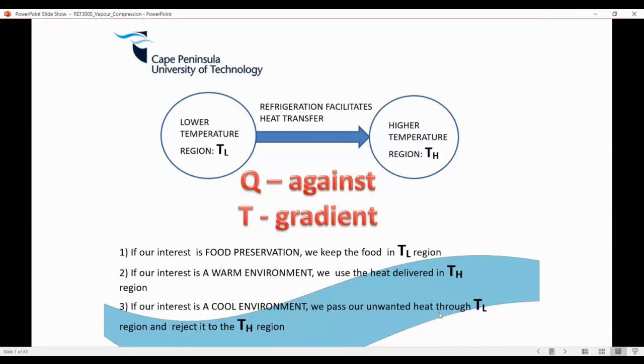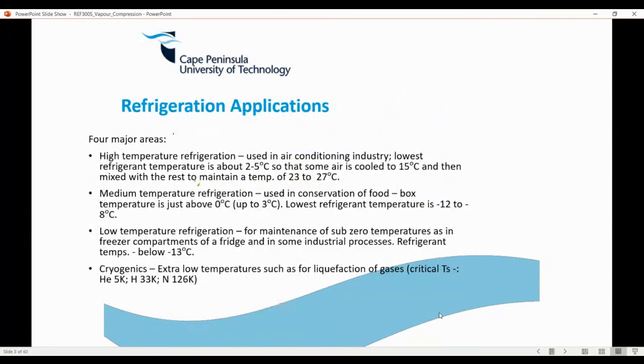This is the system you're looking at. If our interest is a warm environment, we use it to deliver heat in TH. So maybe you can keep your room warm, that's through air conditioning. And if our interest is a cool environment, we want to pass our unwanted heat through. This is like a really bonus slide. It's kind of redundant in my opinion.